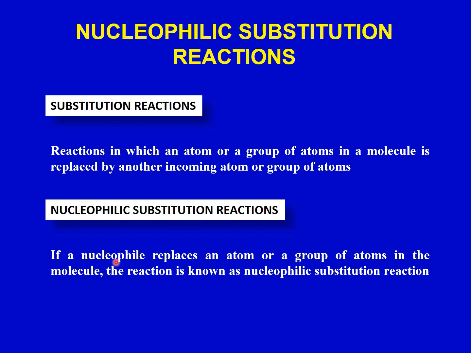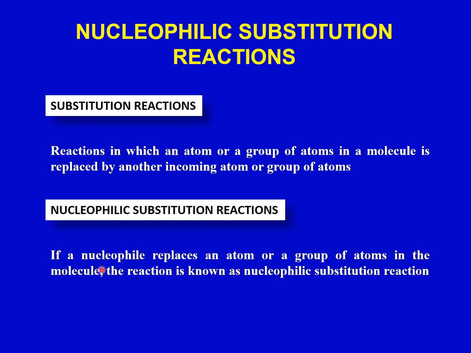I hope you all know what a nucleophile means, but just to remind you, it is a species which has a negative charge on it, or it may be neutral, having a lone pair or excess electrons. So a nucleophile literally means nucleus loving. Anything that has an excess of electron density will obviously be looking for an electron deficient center.